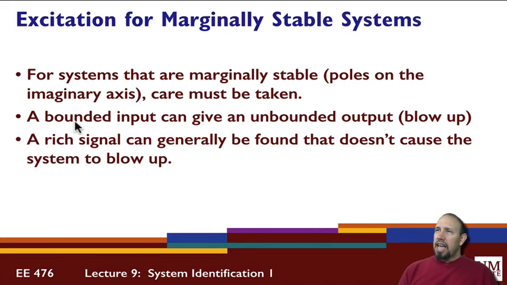The reason is that if you have poles on the imaginary axis, a bounded input can give an unbounded output. That is, the output can blow up, and that may not be a good thing. For some systems that's not necessarily bad, but it can still come back and bite you, so you just have to be careful. A rich signal can generally be found that doesn't cause the system to blow up.